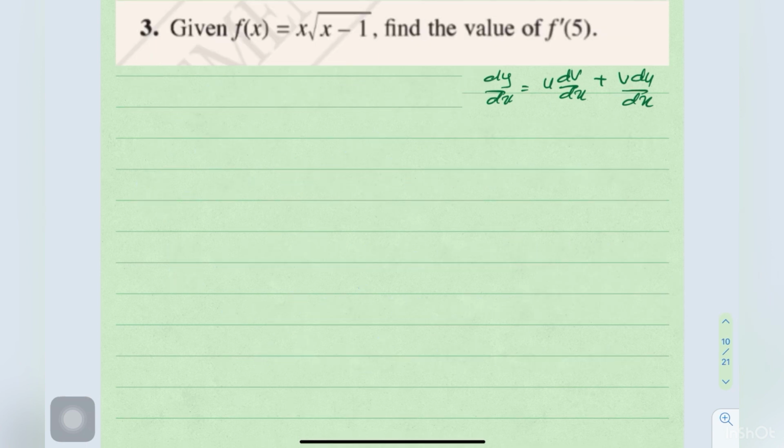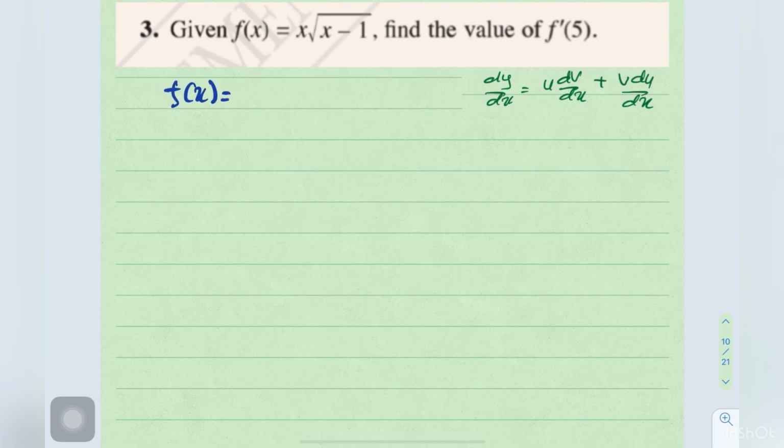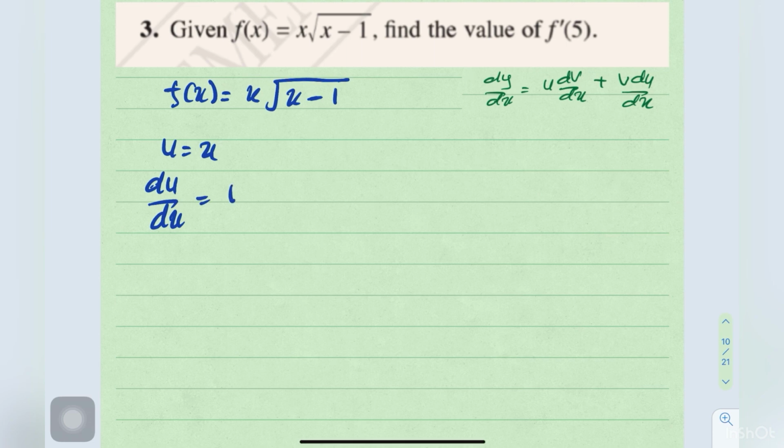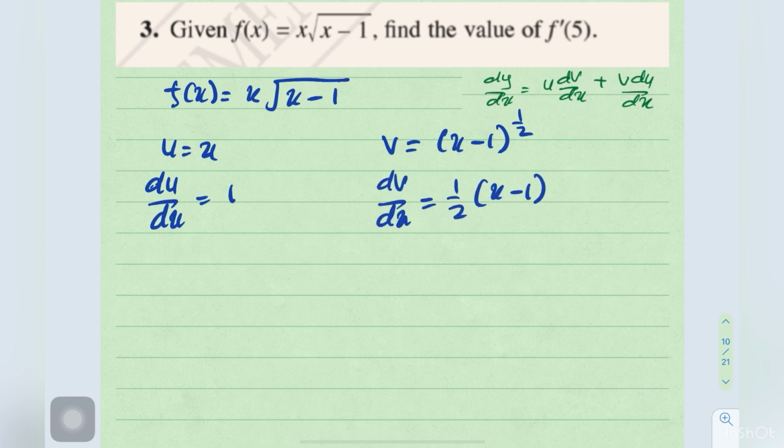Okay, for question number 3, you have to find the value of f prime. Before that, you have to find f prime first. So f(x) is x square root of x minus 1. u is x, du/dx is 1. v is (x minus 1) to the power of 1 over 2. dv/dx is 1 over 2 (x minus 1) to the power of negative 1 over 2 times 1.